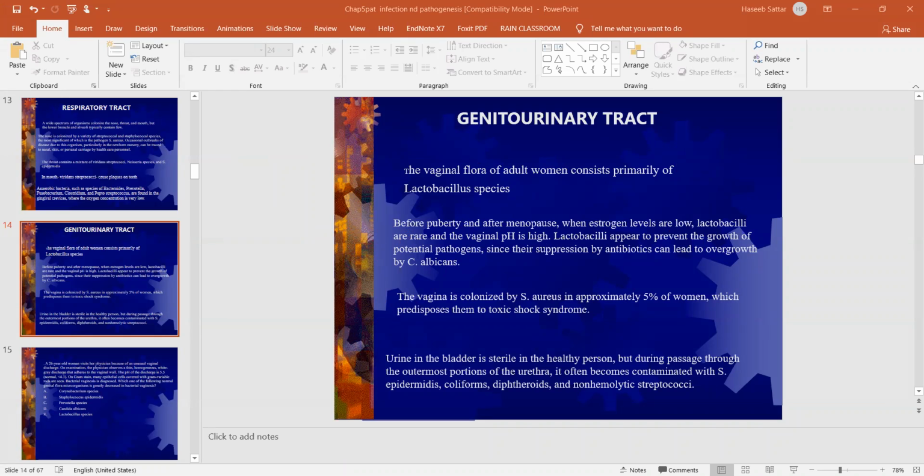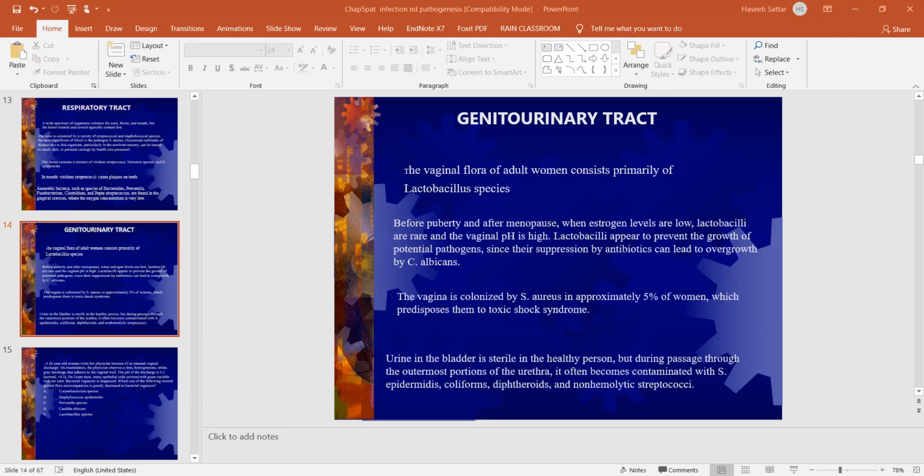Yep. Okay. Another most important thing is for females, the outer region of the urethra also contains some mycobacterium species bacteria, for example, Mycobacterium smegmatis.